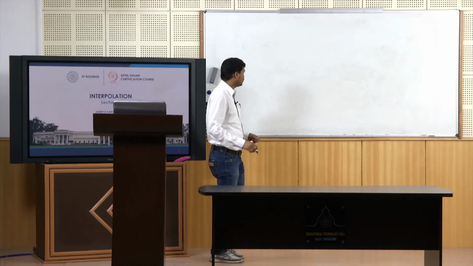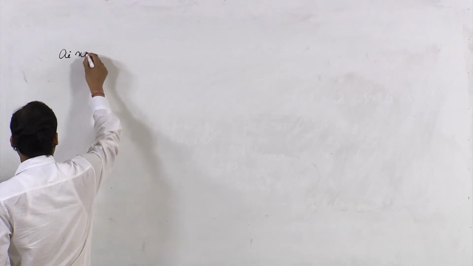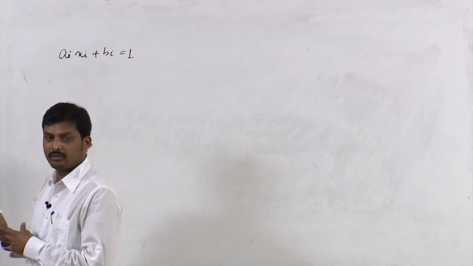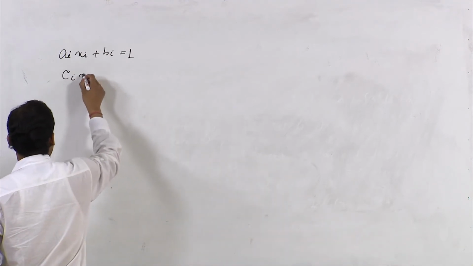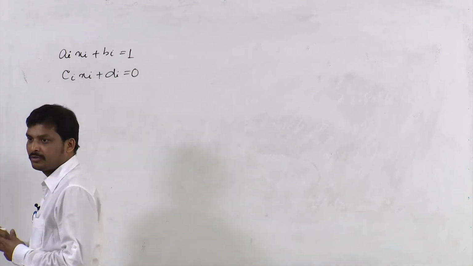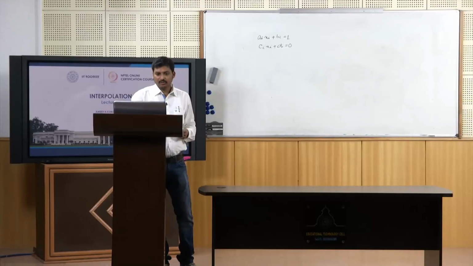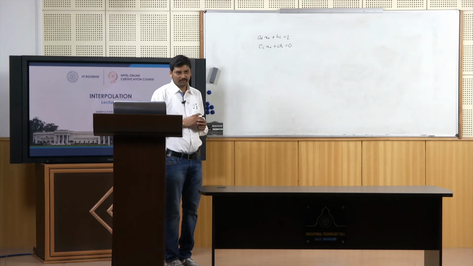So, first condition we can get as ai of xi plus bi equals 1. Second condition we can get as ci of xi plus di equals 0. Especially if we look at the first term here, that is ui of x equals (ai x plus bi) into li square here.